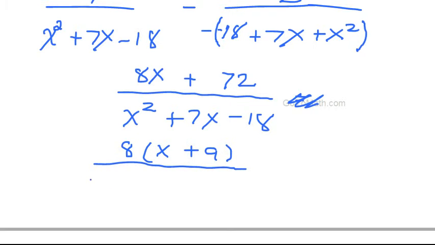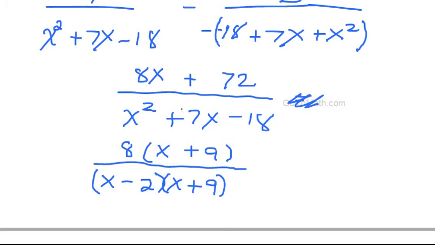Let's go ahead and factor the denominator. I think we did this in the last problem, didn't we? Same numbers, kinda? So what do we have? We had minus 2 and positive 9. Negative 2 times 9 is negative 18.